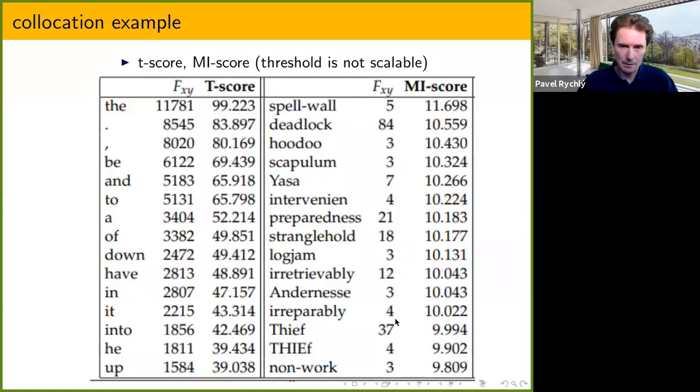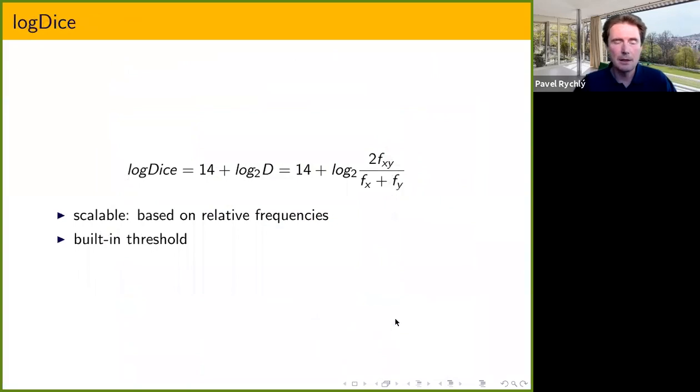So to use these thresholds, we have to use the relative frequency. This is the example of logDice, which is my preferred score for collocations and so on, which is based on relative frequency, and so it scales very well. The numbers we are getting from different sizes are quite the same.